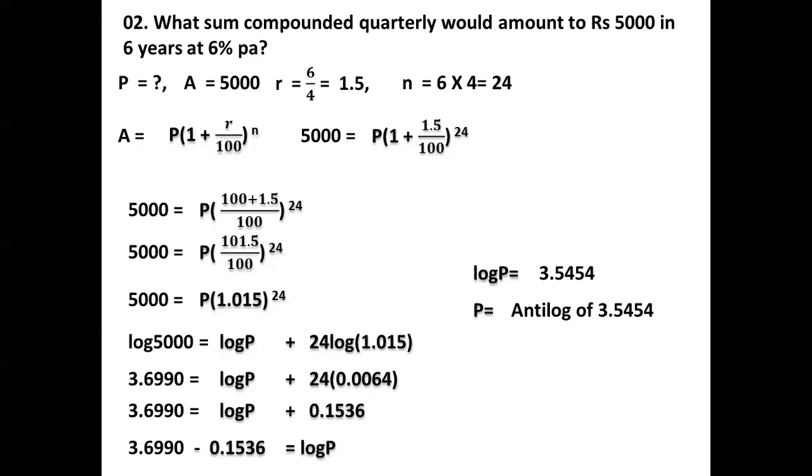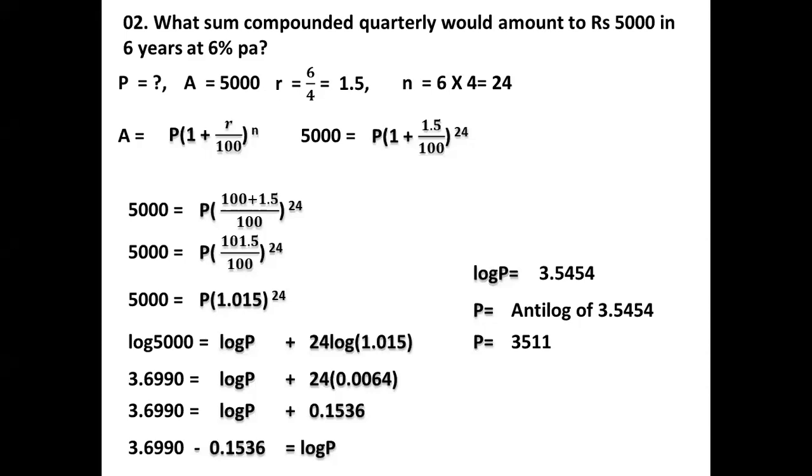If you go through that, your value as per the antilog table is P equal to 3511. Then if you put the decimal point, the characteristic is 3.